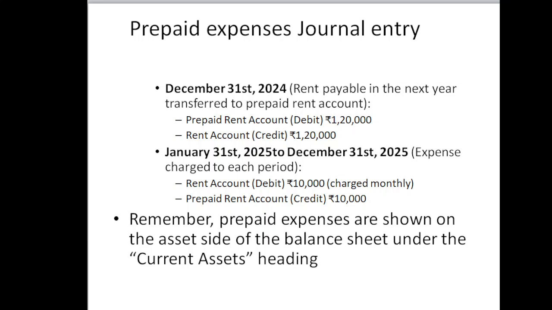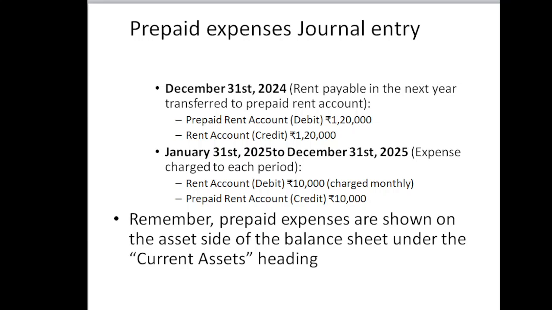As we paid rent in advance, so in the next year from January 2025 to December 2025, we recognize the prepaid rent expenses as expenses in the profit and loss account.